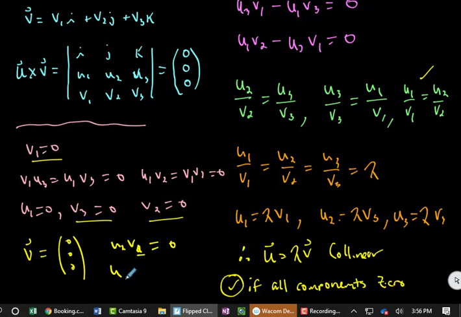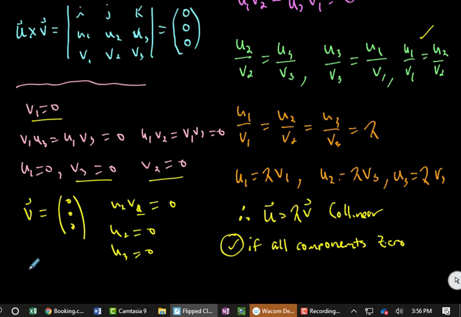So that means u sub 2 is equal to 0, right? Good. And I know that u sub 3 is also equal to 0. So now I know that vector u is also 0, 0, 0, right?